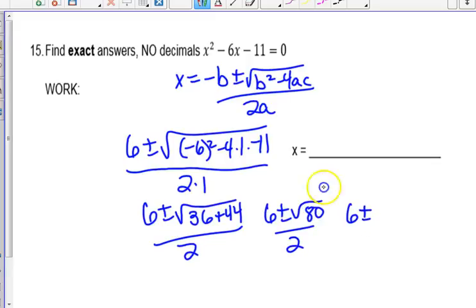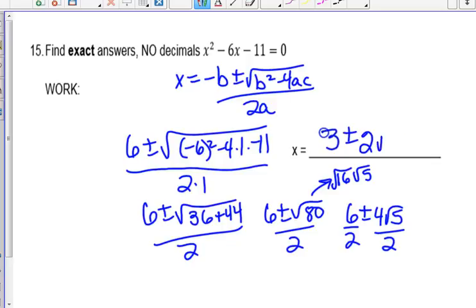80 is 16 times 5, which is 4 square roots of 5. Now, over 2, remember, you cannot divide one without dividing the other, so you get 3 plus or minus 2 square roots of 5. Because this was an even b value, it's also a good candidate for completing the square.